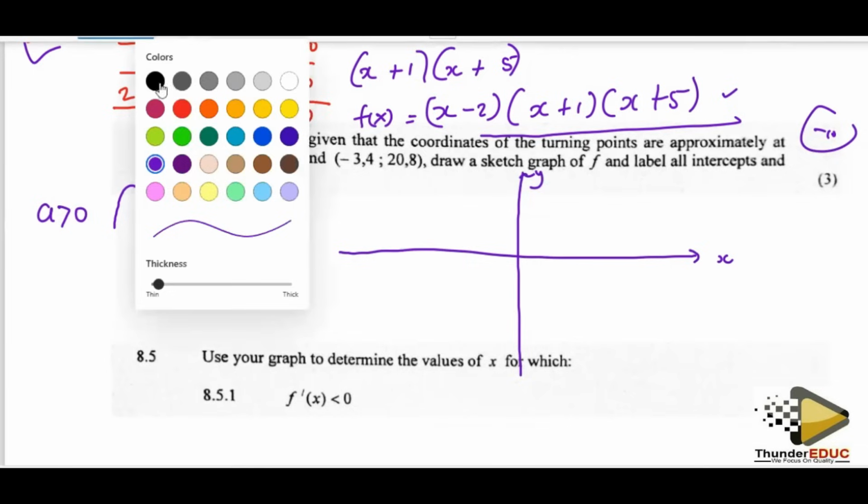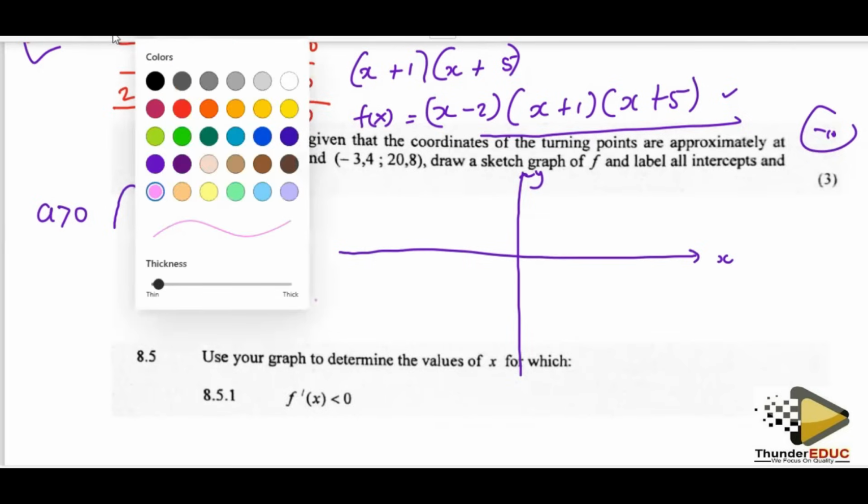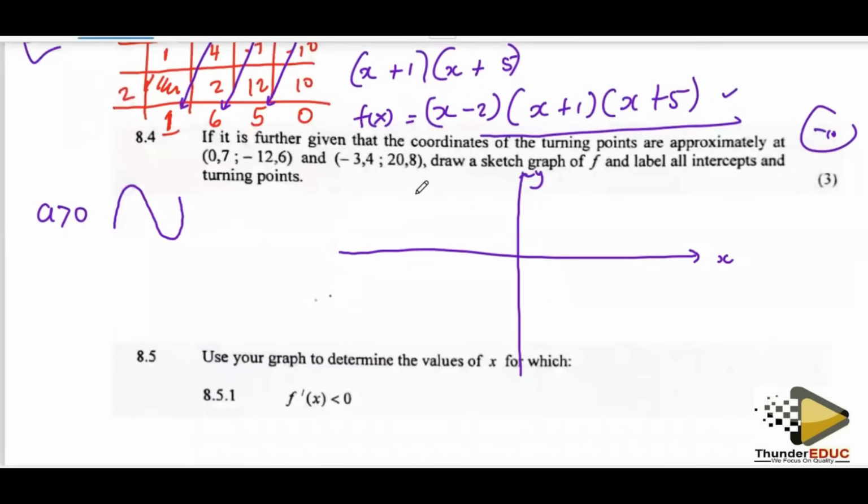Okay, then I'm gonna color. Let me use that. No, that is too faint for my liking. Use green. So let's mark off the intercepts. This is a 2, negative 1, negative 5. So if this is my 2, this can be my negative 1, probably negative 5.